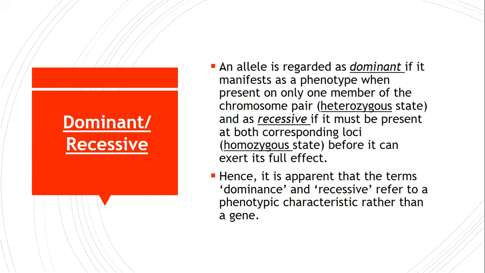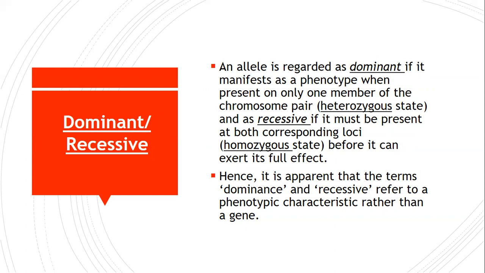They are heterozygous, and one of the genes is received from one of the parents. So in such heterozygous alleles, when one of the alleles always manifests as a phenotype, that is, it gives a phenotypic abnormality, it will be called the dominant allele.